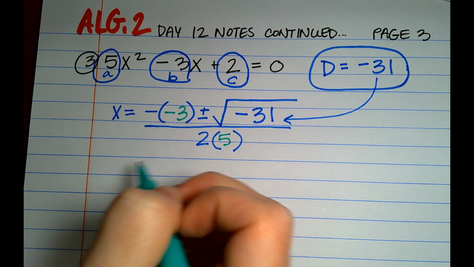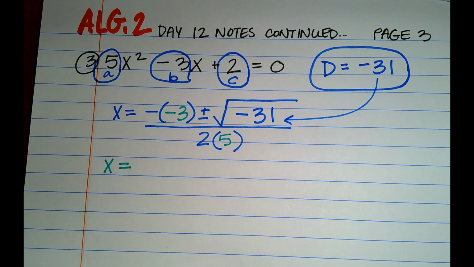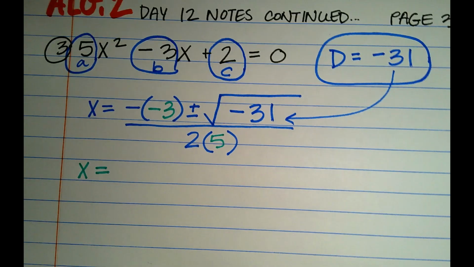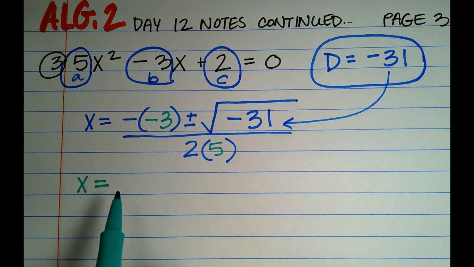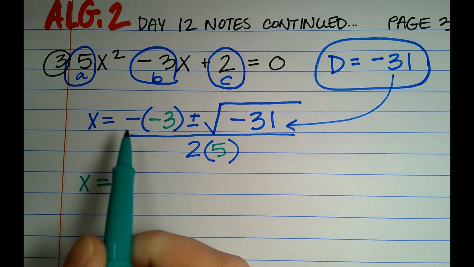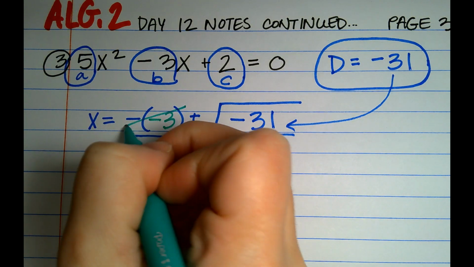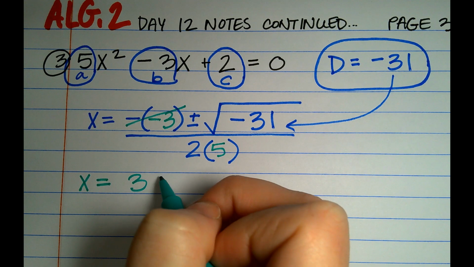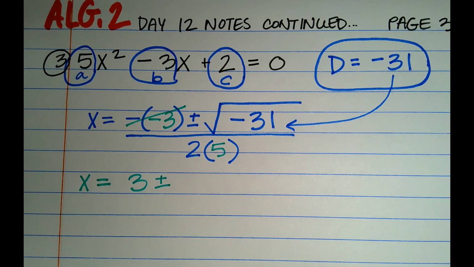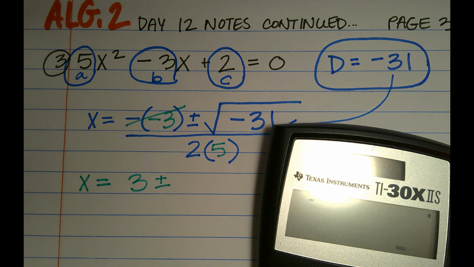Okay, so let's start simplifying and rewriting. So I have x equals negative 3. What does that become? Positive 3. Okay, plus or minus 5.57i. I'm going to double check it. I'm sure you're right.